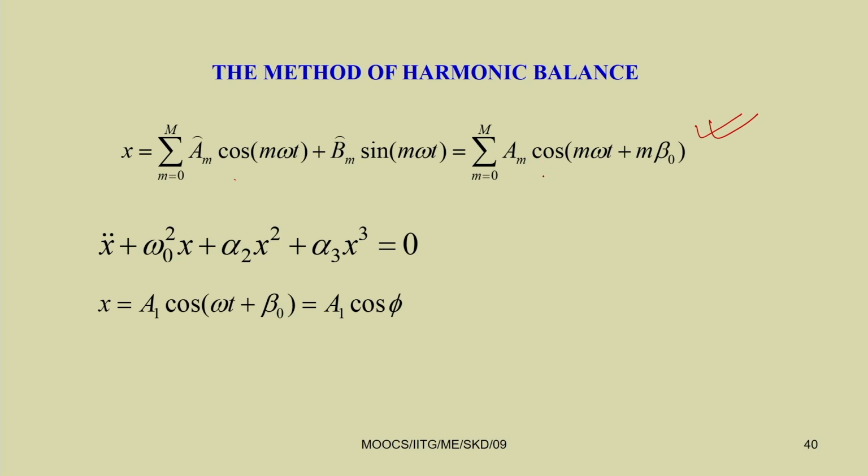So, here it is written sum from m equal to 0 to M of a m cos of m omega t plus m beta 0, where a m is the amplitude and beta 0 is the phase. So, this way by substituting this in the original equation, let us take this original equation, this one.